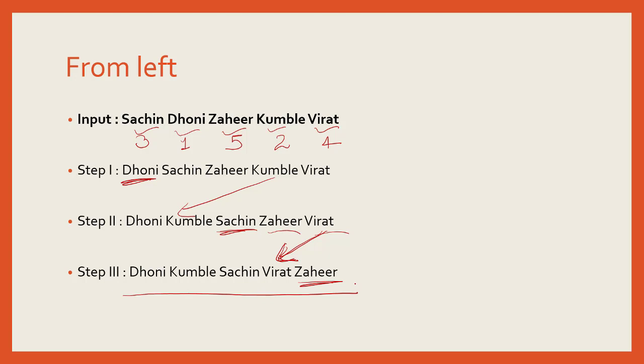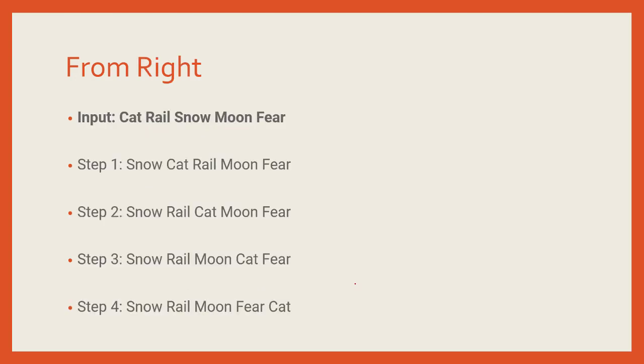The same thing can be done from the right side, as it has been done in this question, where input is cat, rail, snow, moon, fear. Now alphabetically cat should come first, then fear, then moon, then rail, and then snow. What we see in step 1, we have brought snow in the first place.